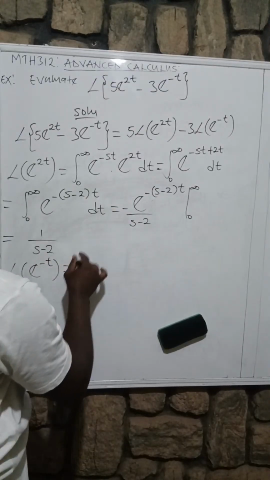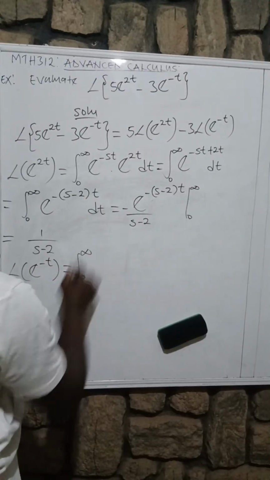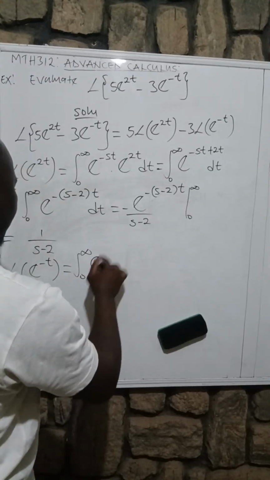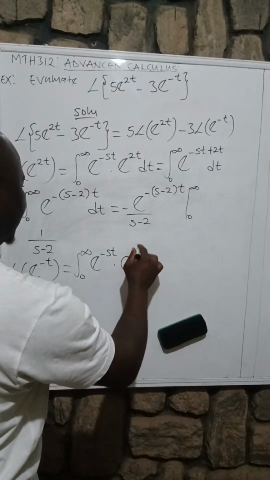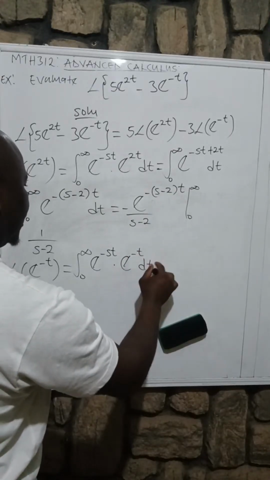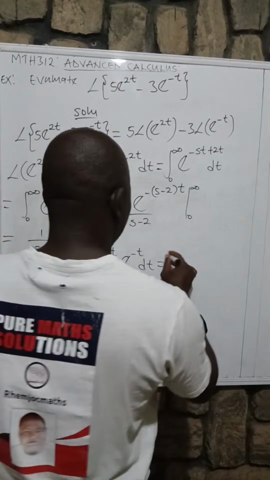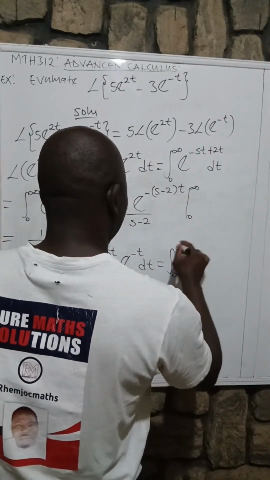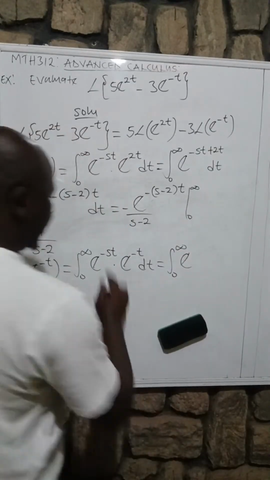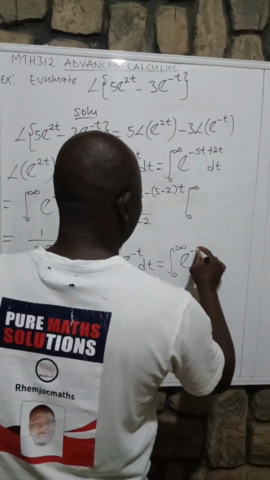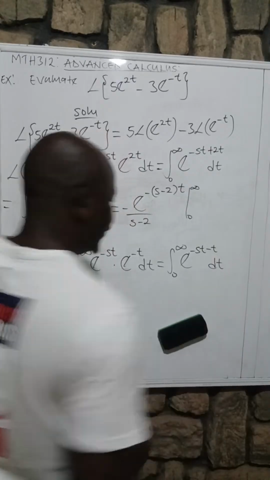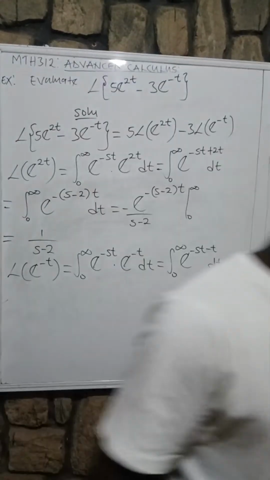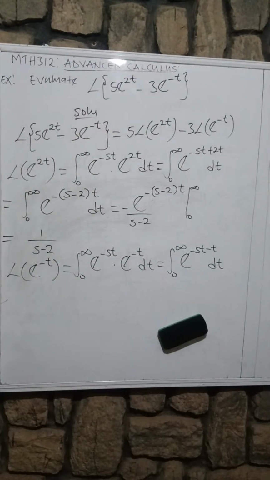This will be equal to integral 0 to infinity exponential minus st dot exponential minus t dt. Then this is the same thing as integral 0 to infinity exponential minus st minus t dt. True or false? Look at the board. True or false?